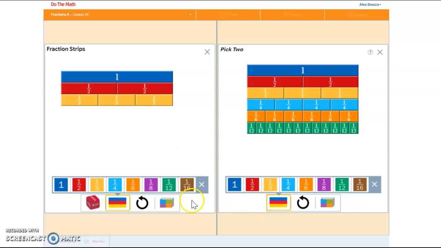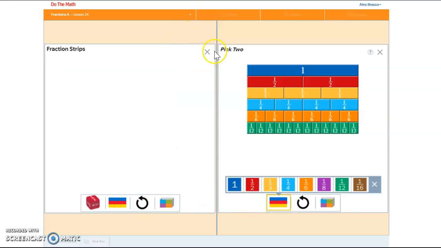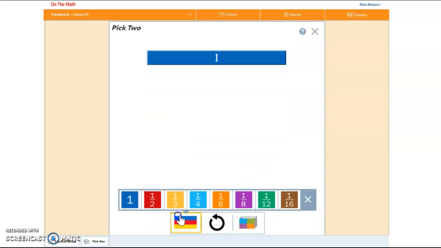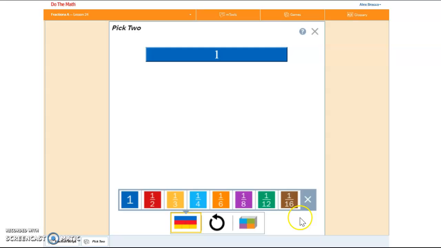This now brings us into today's activity, which is Pick 2. With the Pick 2 activity, we are going to be focusing on fraction pieces 1/2, 1/3, 1/4, 1/6, and 1/12. So I am going to now take those away except for the 1/2 strip up there. The directions are you make a train of 2 pieces that are not the same color on your blue whole strip.